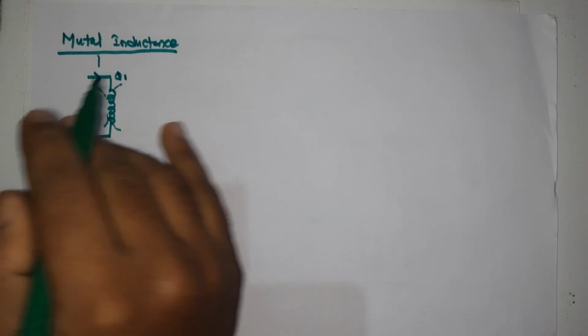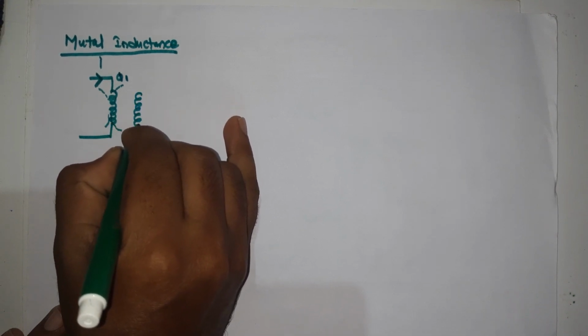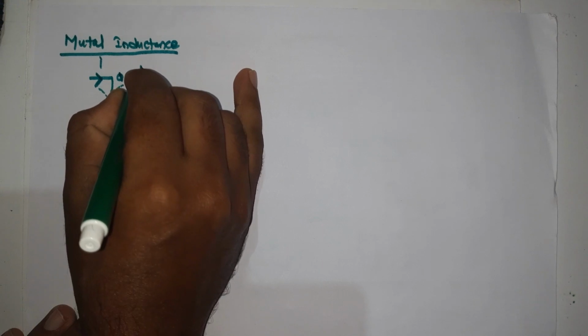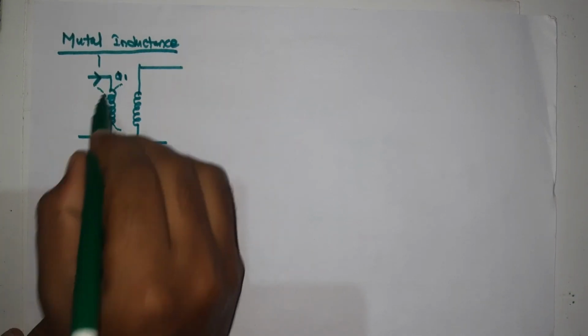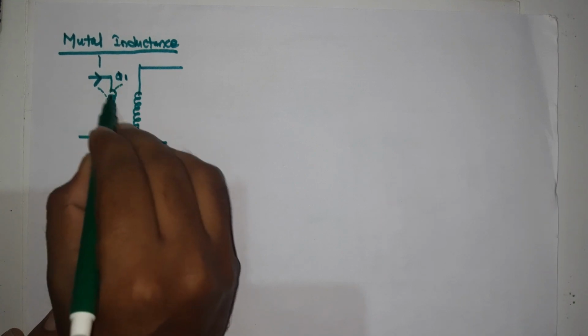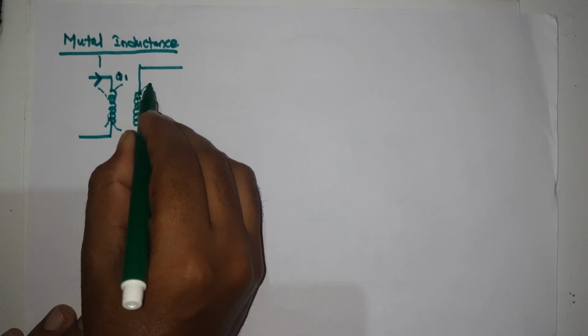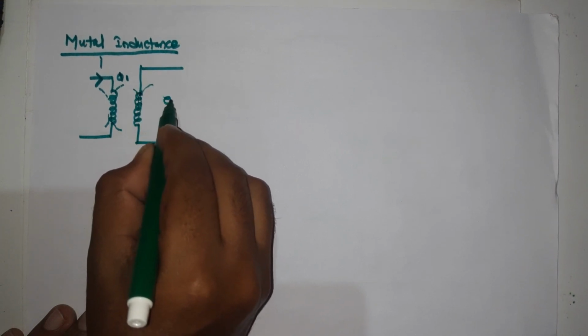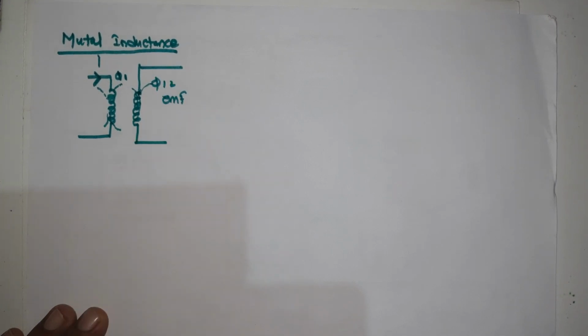If this flux links with another coil adjacent to it, nearest to it, or a change in flux links with this coil, then it will produce an e.m.f. Let this be phi 1 2. So we discuss.